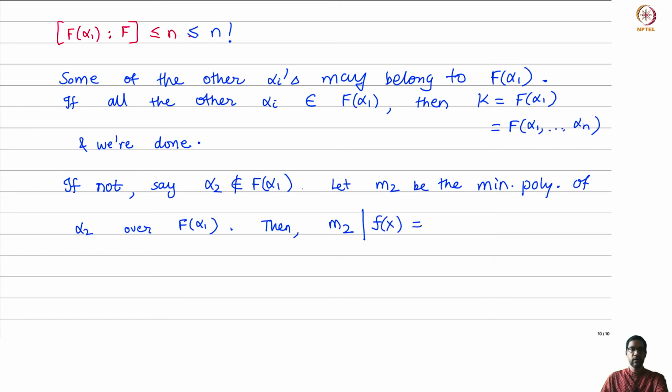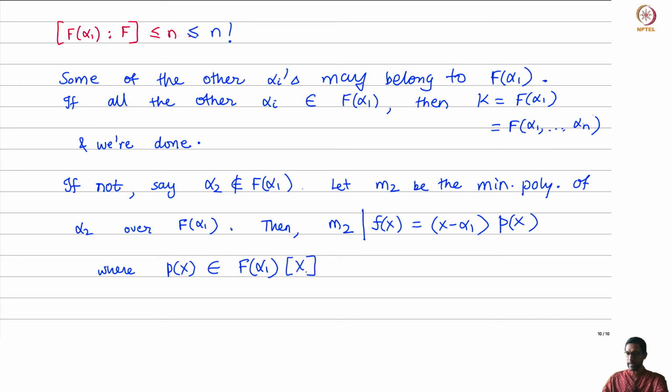So let's just look at f of x. F of x looks like this. We know for sure that alpha 1 is the first root that we wrote out. So it's x minus alpha 1 into some polynomial p of x. So let me factorize f like this: x minus alpha 1 into p of x, where p of x is a polynomial with coefficients in the field f alpha 1. Okay.